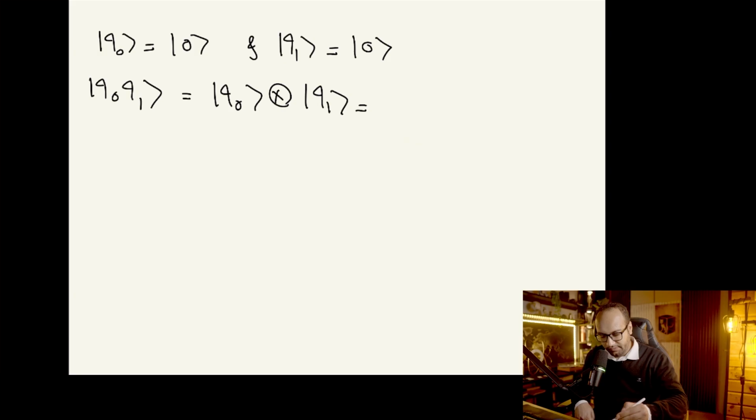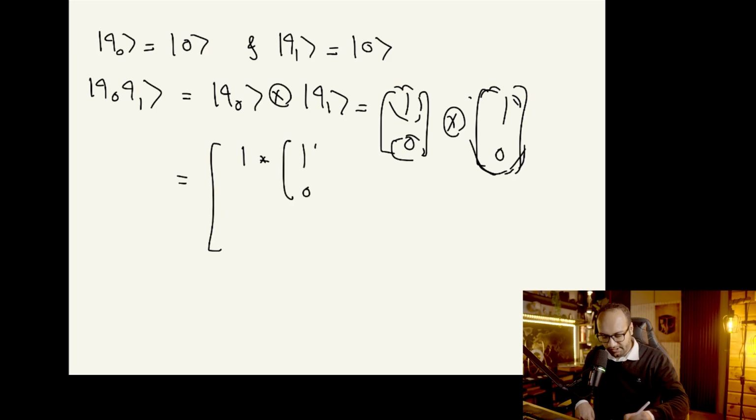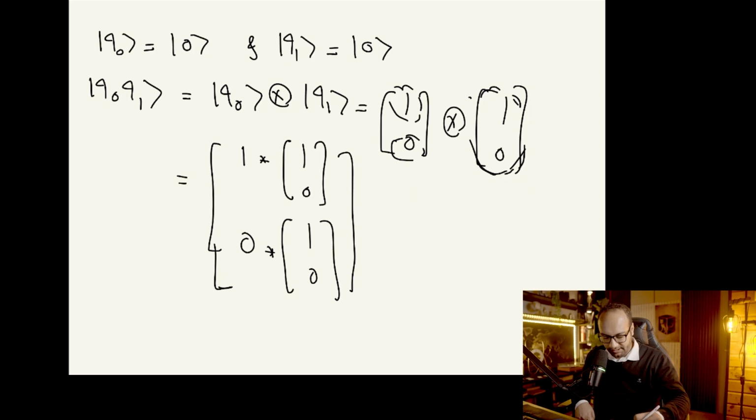So this is a column vector representation of the first qubit. We have (1, 0), tensor times (1, 0), and this is a column vector still, but now it is a 4 by 1 column vector. So it has 4 rows and 1 column. This will give me (1, 0, 0, 0).